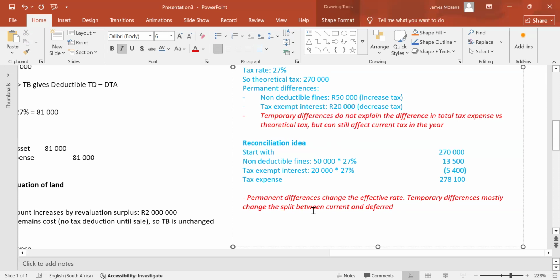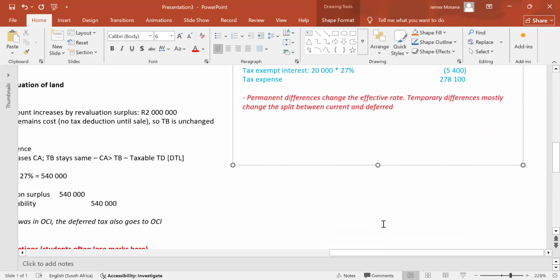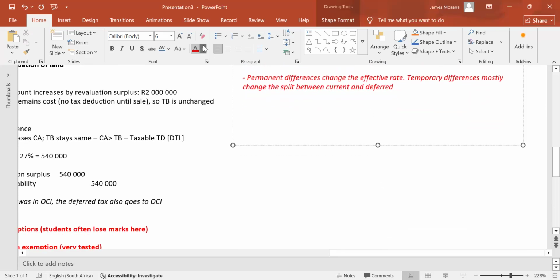Right. So now, if I am to give you guys a summary of what we have just done today, it's fair for me to give you a quick summary of what you need to remember from today's class.